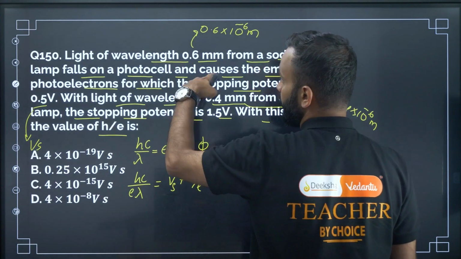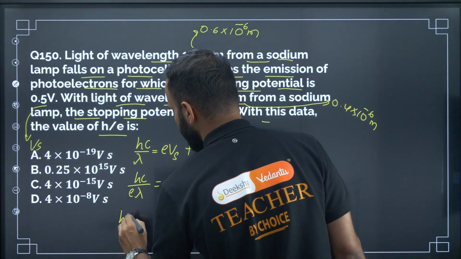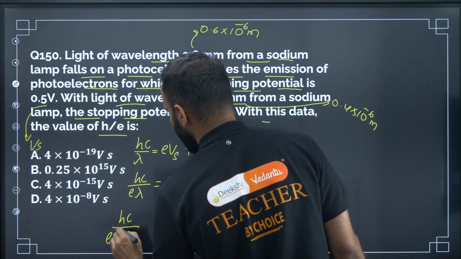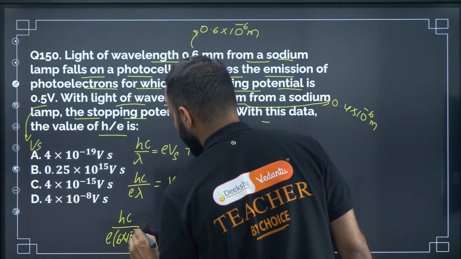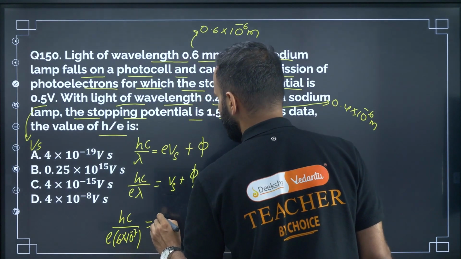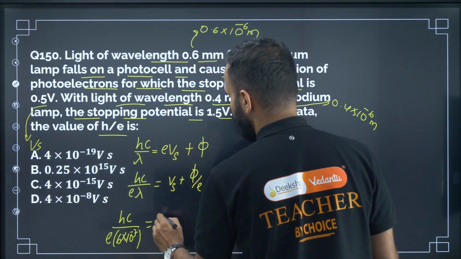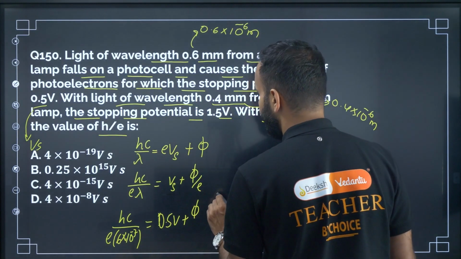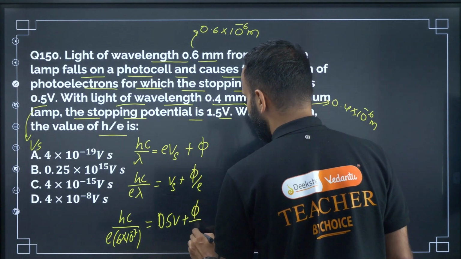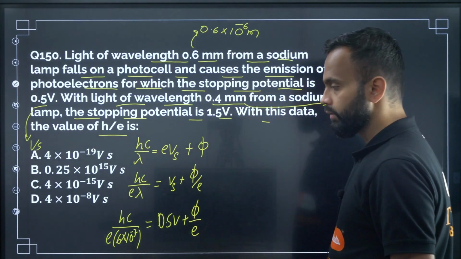Now for the first wavelength, hc divided by e into lambda, with lambda 6 into 10 to the power minus 7, is equal to Vs, 0.5 volt, plus phi divided by e, right?